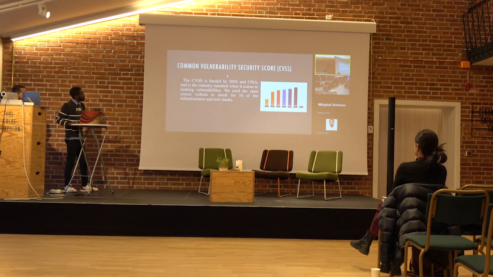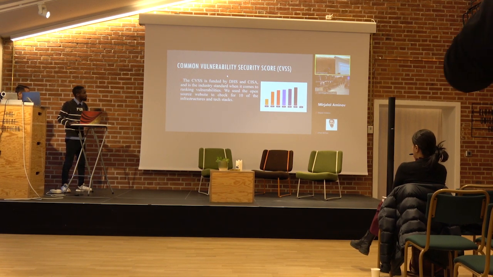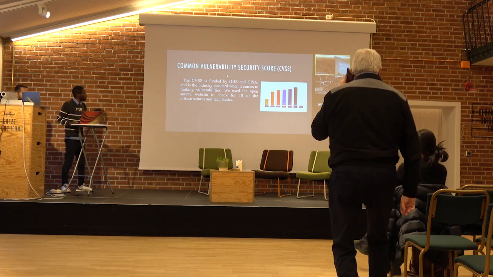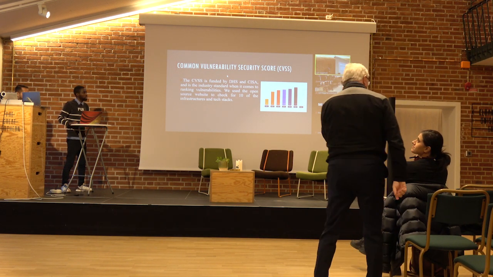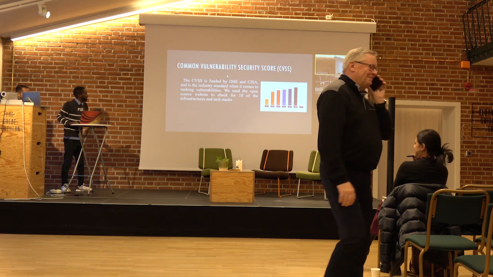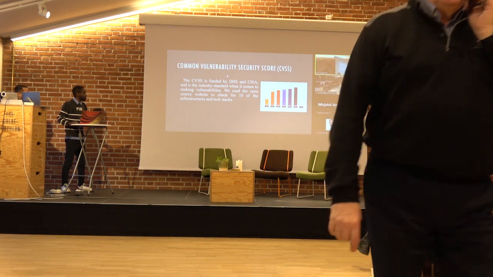To check the vulnerability of any application, website, or service, the most common industry standard is to use the CVSS, the Common Vulnerability Scoring System, which is funded by the Department of Homeland Security and the Cybersecurity and Infrastructure Security Agency of the United States.